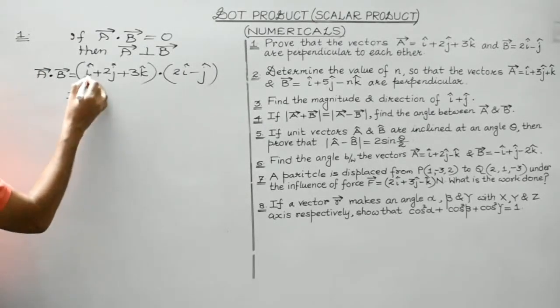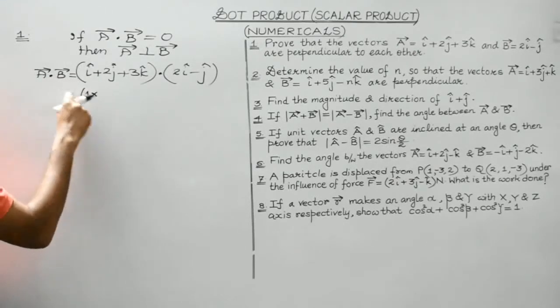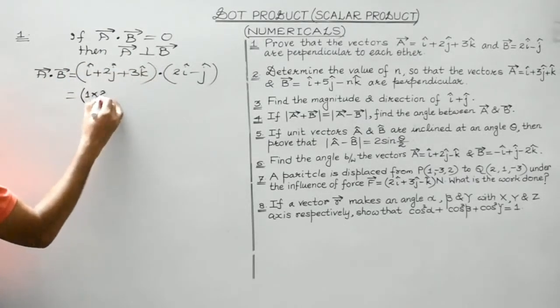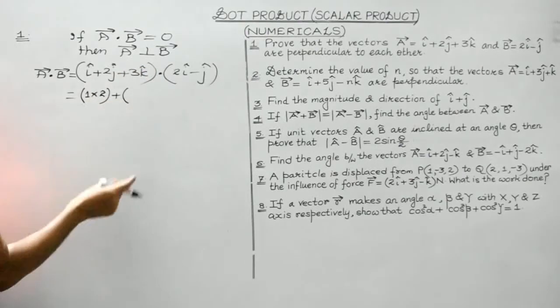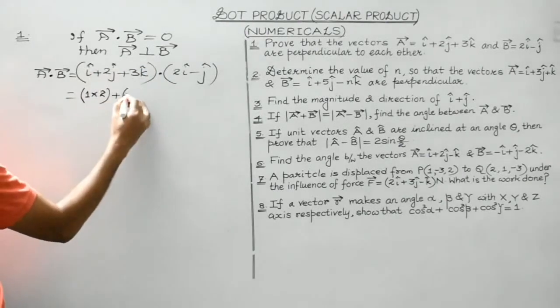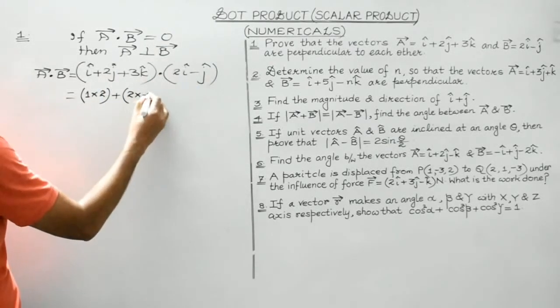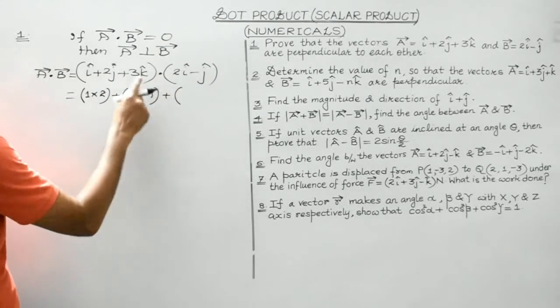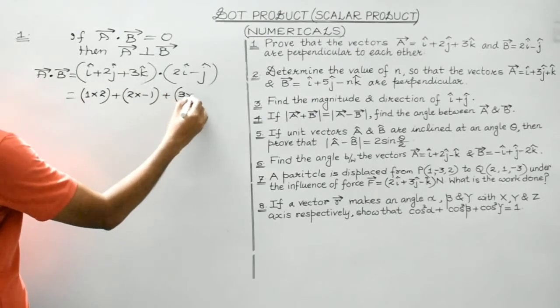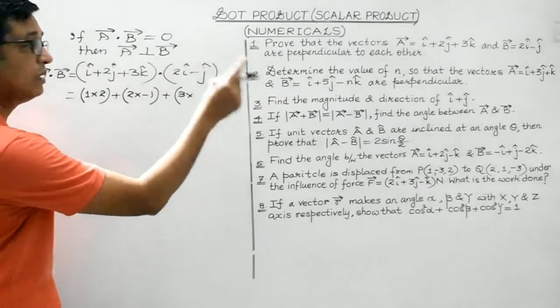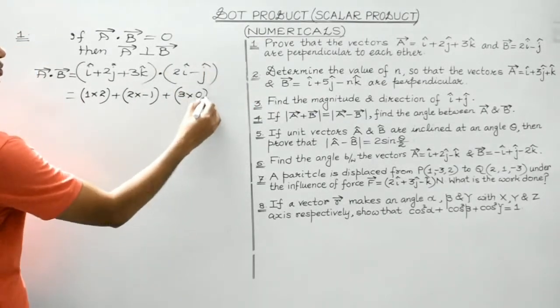So here the coefficient of i cap in A vector is 1, multiplied by the coefficient of i cap in B vector, that is 2, plus the coefficient of j cap in A vector multiplied by the coefficient of j cap in B vector, that is minus 1, plus the coefficient of k cap in A vector multiplied by the coefficient of k cap in B vector, which is 0.